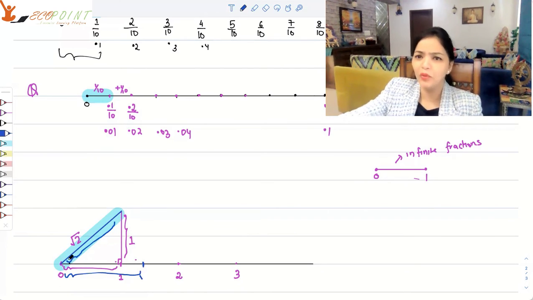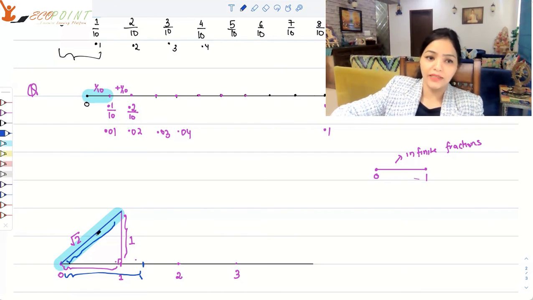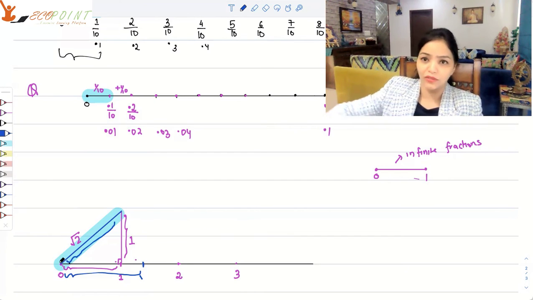Or in simple words, even if you're not using a compass, you can use anything where you can mark this length, and take that length to the horizontal frame here and mark the point. And that point will be √2, because that's the length that you have here.